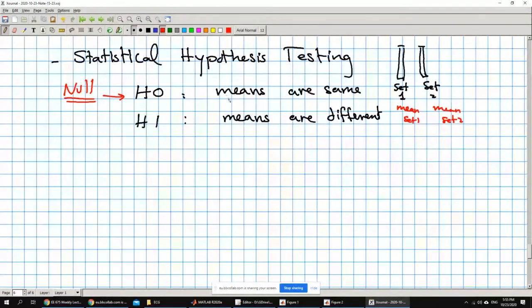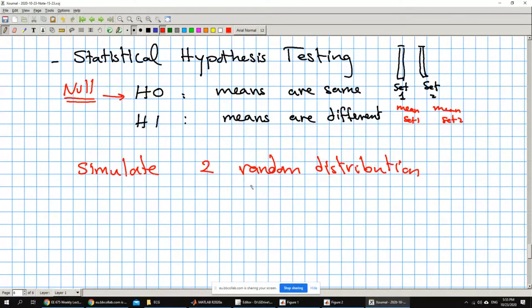So in order for us to do that, let's try to simulate now two random distributions with different means, and try to apply the testing this way and see what's going to happen.